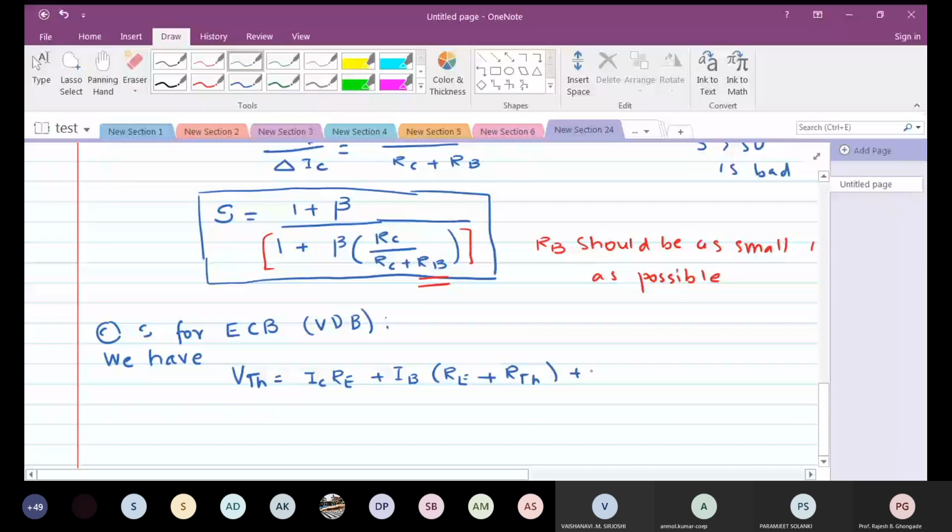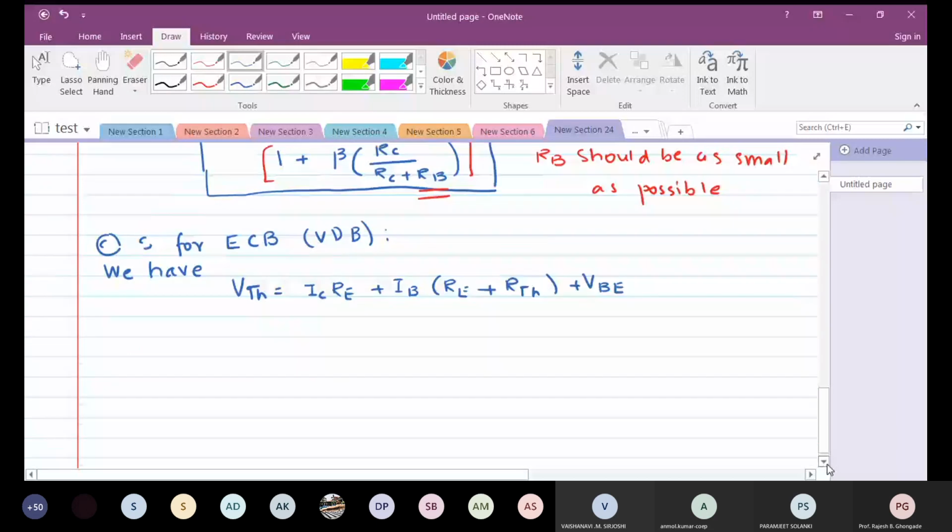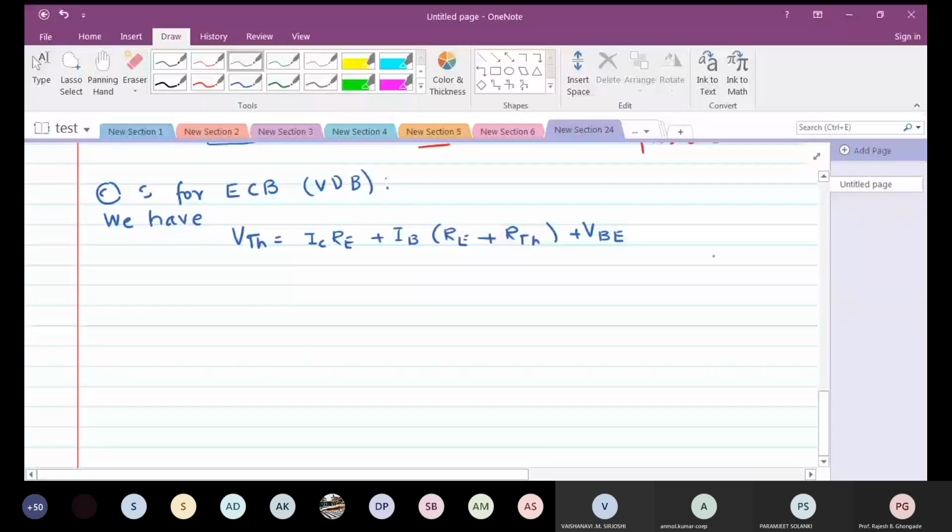Do you recall this equation? Yes or no? Remember, you have to revise what we have done in the class. If you don't revise, you are not going to follow the proceedings.